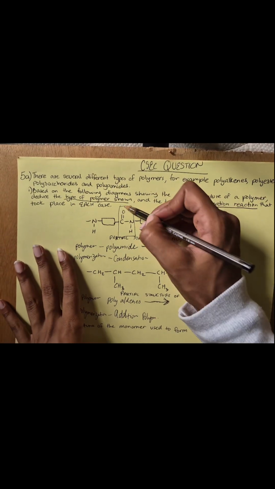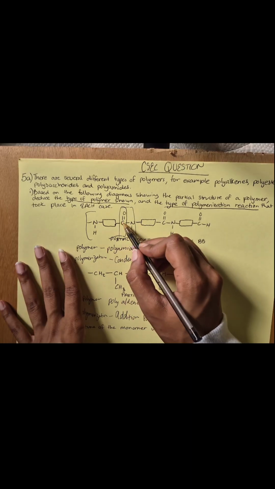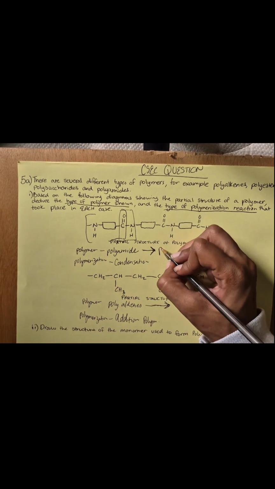Which polyamide is it, protein or nylon? If it was nylon, which is synthetic, it would have to have a double repeating pattern. So I should have seen CCNN, CCNN, but it is not a double repeating pattern. One molecule actually has both an N and a C on there. So that means this is actually a protein.